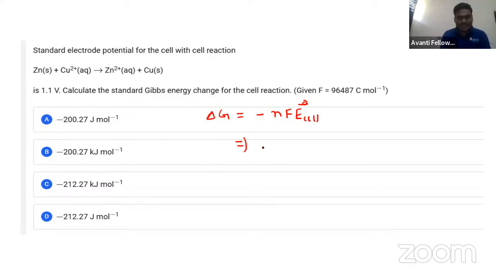Here n is again 2. F is given as 96487. E naught cell is also given, 1.1 volt. So the value comes out to be minus 212.27 kilojoule per mole, right?